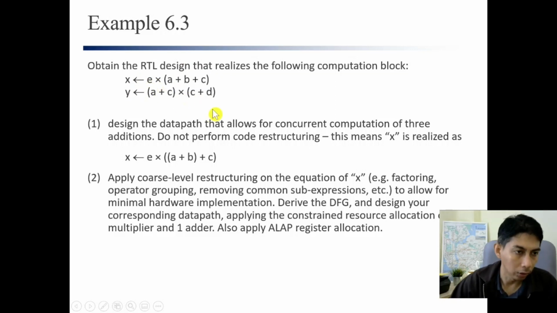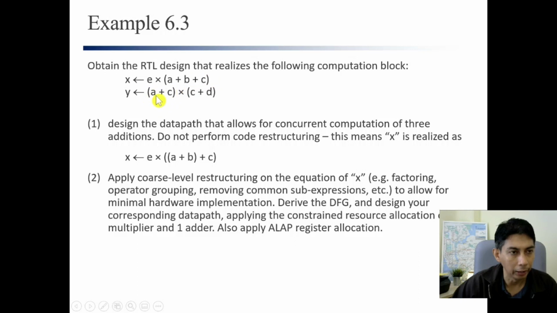When we look at this equation, we can see that we have a plus c in y, and here we also have a plus c. So we can group these together, which means that this is the same computation block.